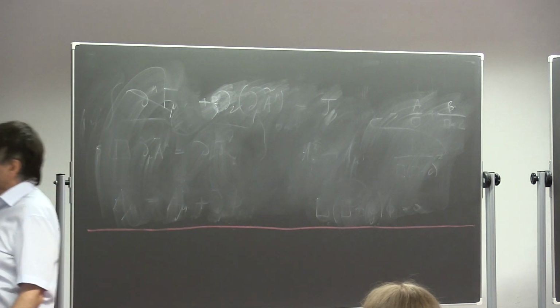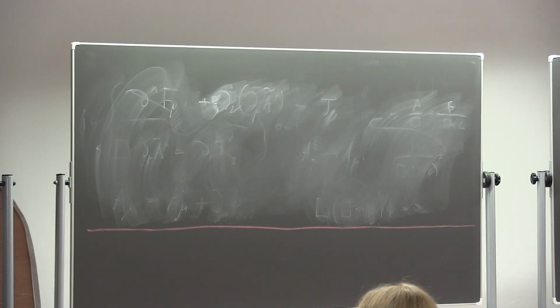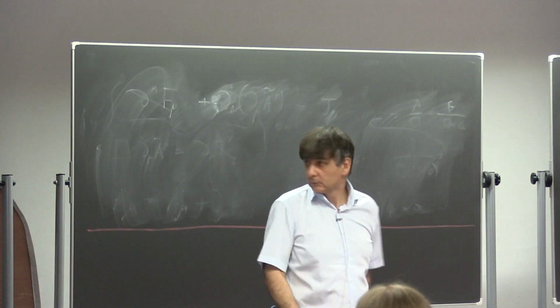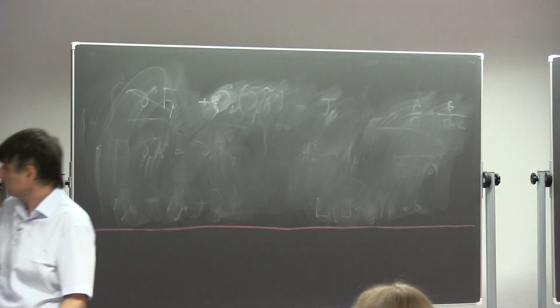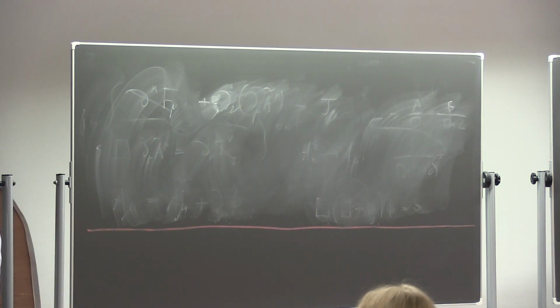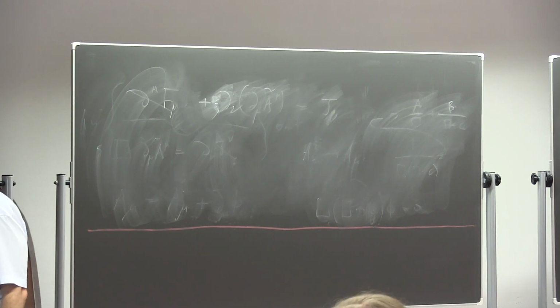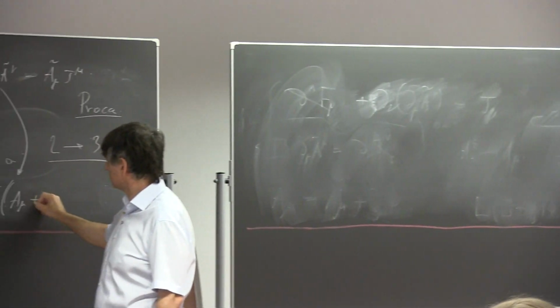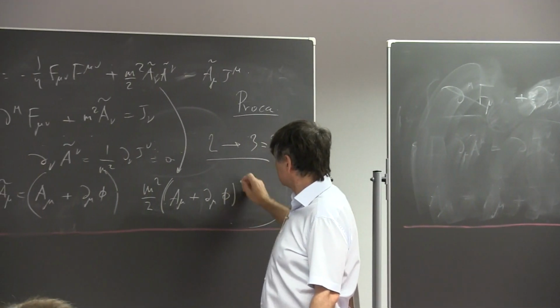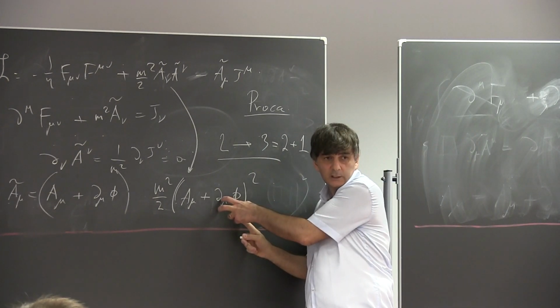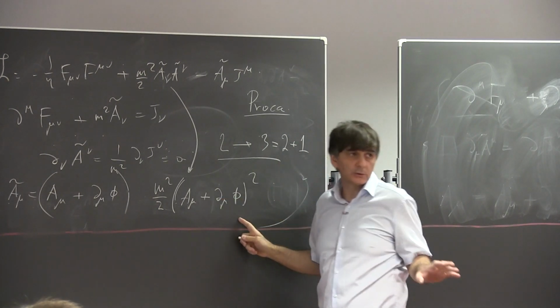Now, first of all, if I want to use this form in the Lagrangian, we see the following: the mass term now becomes a kinetic term for the Stuckelberg field, and this is always true.